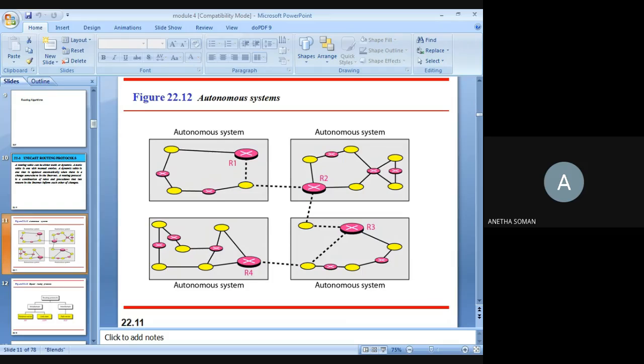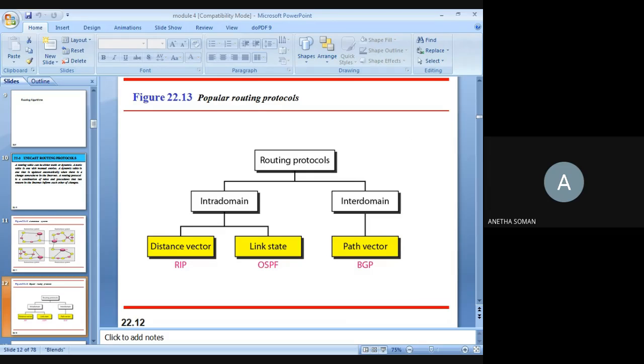If you want to do routing inside the autonomous system, you can call it intra-domain routing, also called internal routing. And if it is between the autonomous systems, it is referred to as inter-domain routing or external routing.